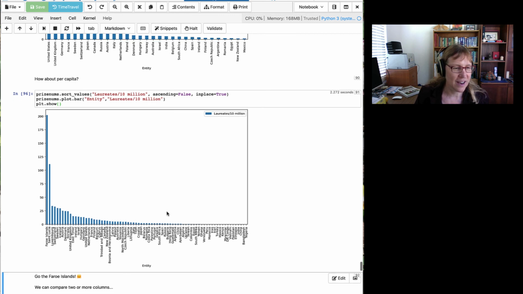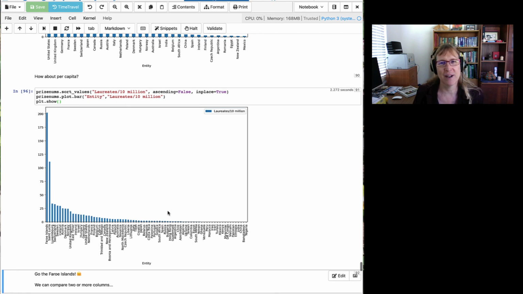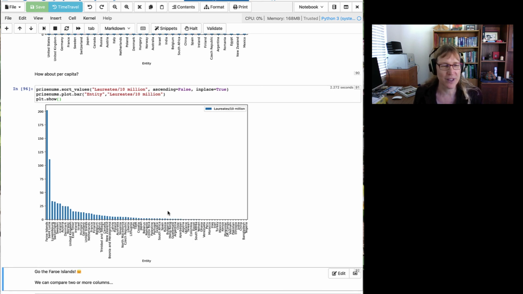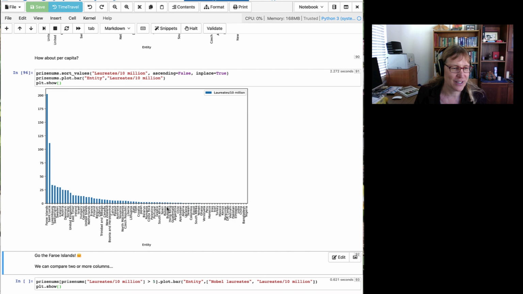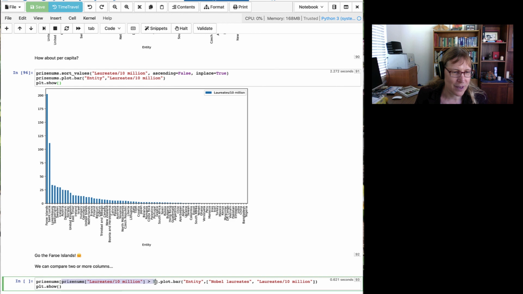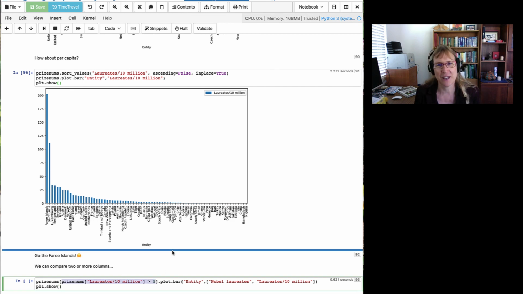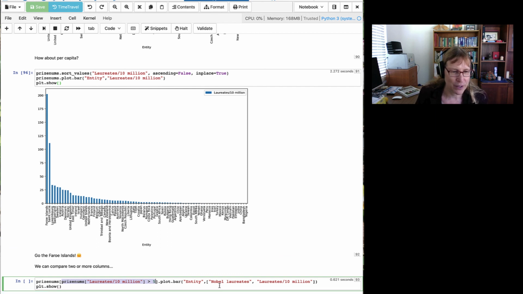We can also compare two or more columns within our bar plot. So what we're going to do now is plot, again expanding it out so that we just have the biggest ones, all of those where the laureates per 10 million, so that's our per capita figure, is greater than 5, and we're going to plot against the entity on the x-axis.